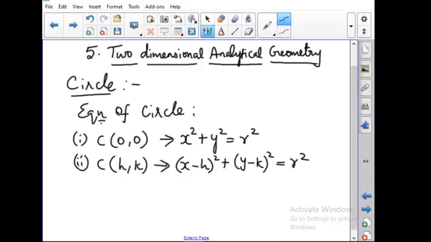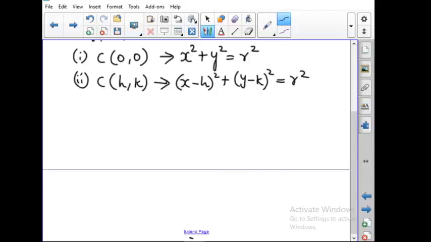While you are expanding this using the form of (a minus b) the whole square, you will get some terms. So we can write the general form of the equation of circle.